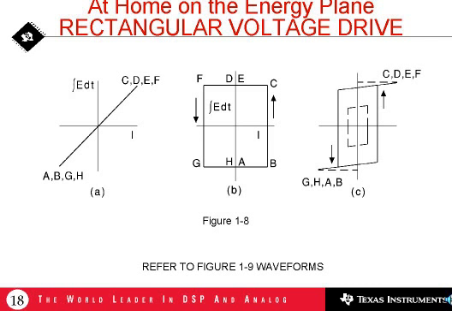Now then, at point C, the voltage suddenly reverses. It goes from plus 10 volts to minus 10 volts. The voltage changes instantaneously, let's assume. It's an ideal square wave. Then the current will change instantaneously through this resistor from C to F, from plus 10 amperes to minus 10 amperes.